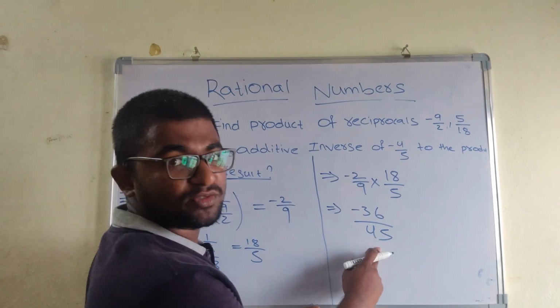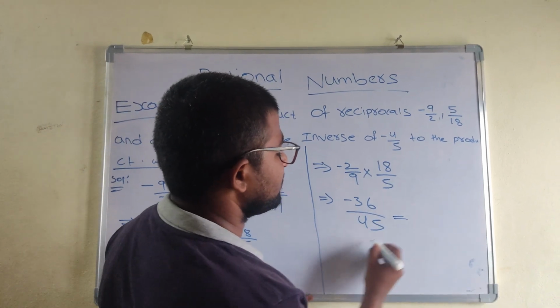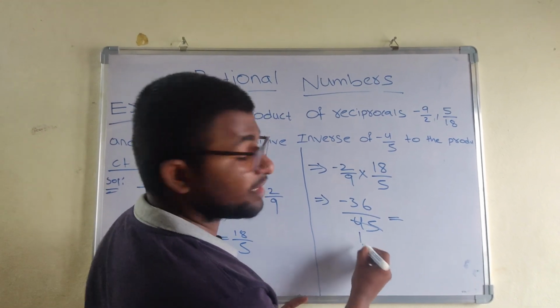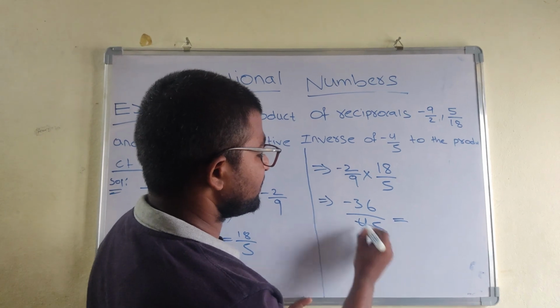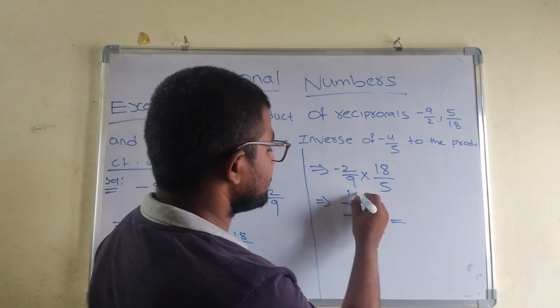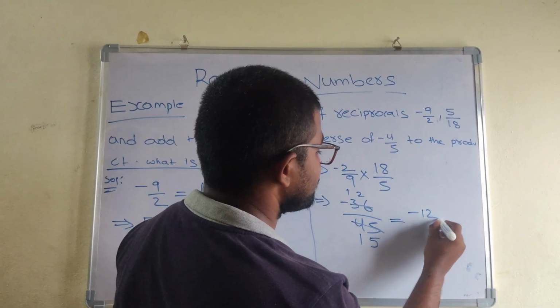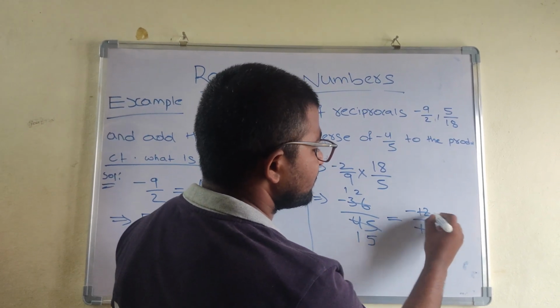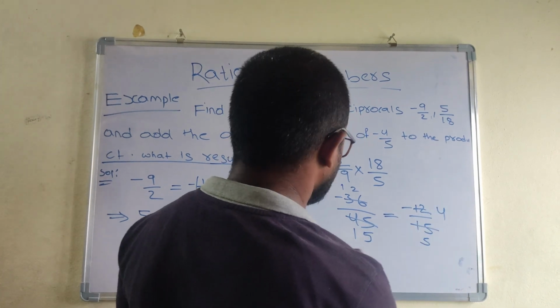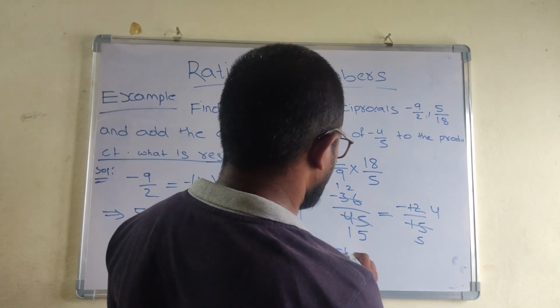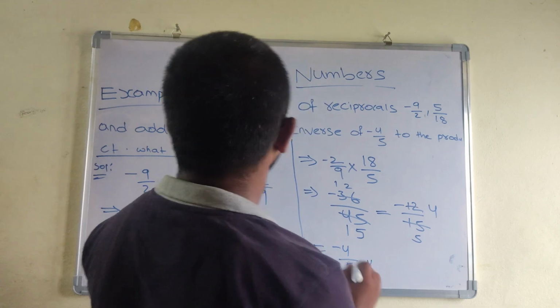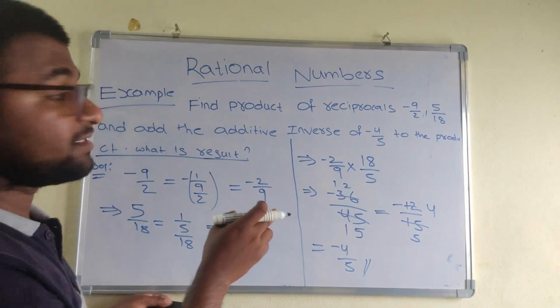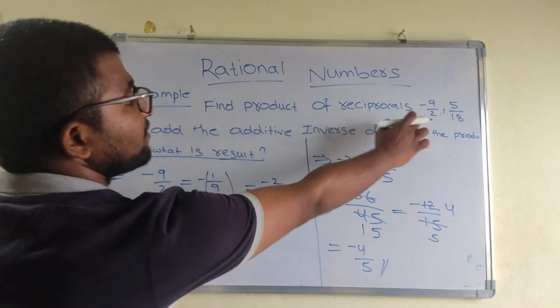By dividing these two numbers by 3, what do we get? 3 fives are 15, 3 twos are 6, that is minus 12 by 15. Again we divide by 3: 3 fives are 15, 3 fours are 12. What is the final result? Minus 4 by 5.